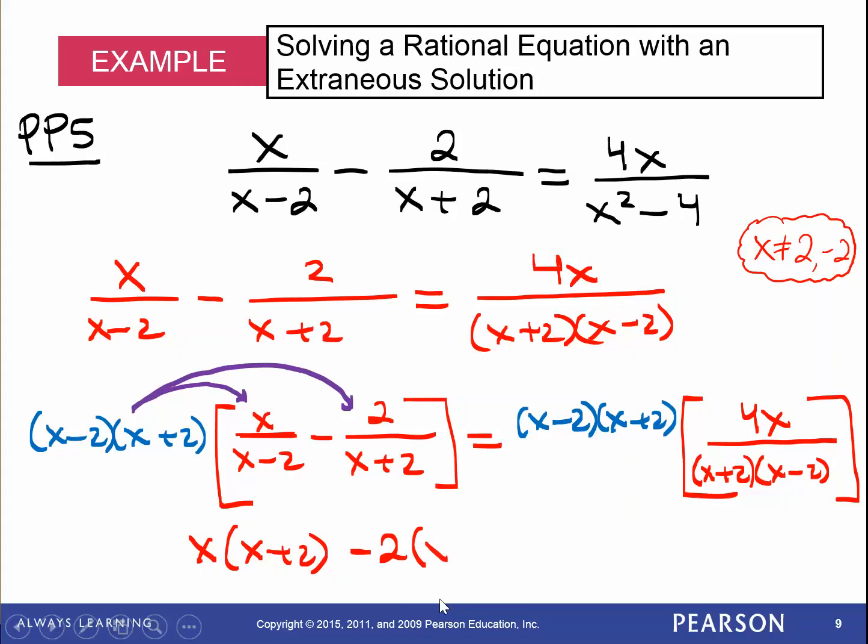How about 2 times x minus 2? Here, everything cancels. That's great, because I just have a 4x. I'm going to rewrite that bottom as well, real quick. See if you guys are still working on it. I'll let you have maybe half a minute to try to finish it off.